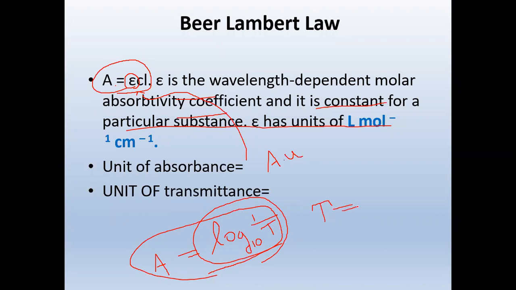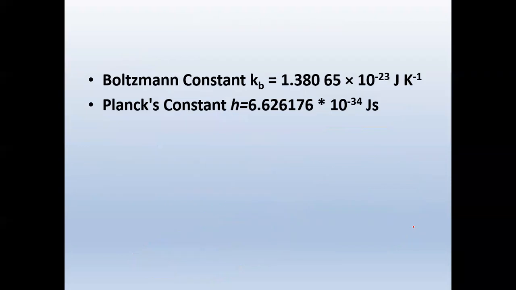And we also know the other formula where transmittance is equal to I by I0, where I is the intensity after passing through the cell, and the initial intensity of the light is I0. So basically transmittance does not have a unit, and absorbance has a unit same as the molar absorption coefficient, and these are the formulas that you have to use for the conversions from absorbance to transmittance. I have not covered this part in previous videos, that's why I have told about this right now.